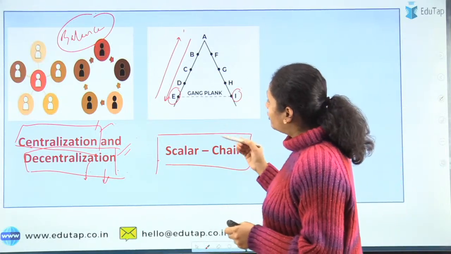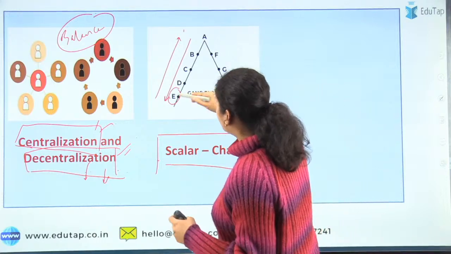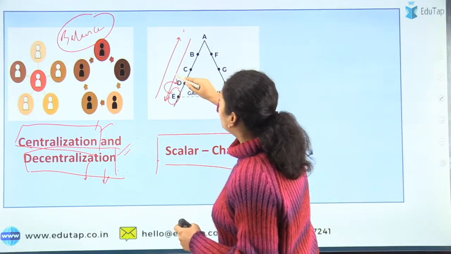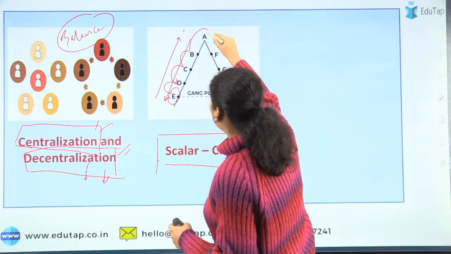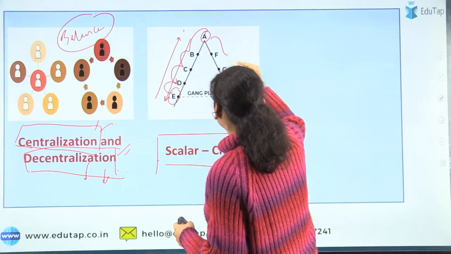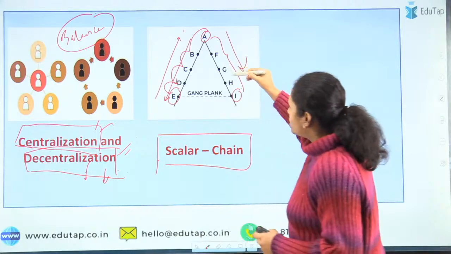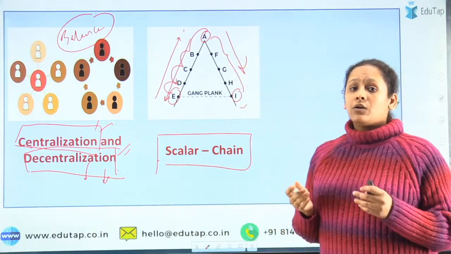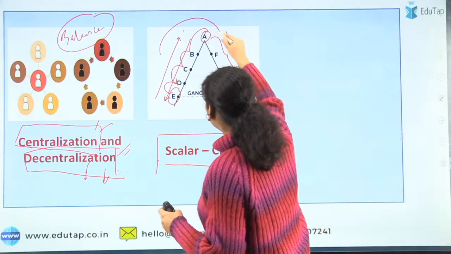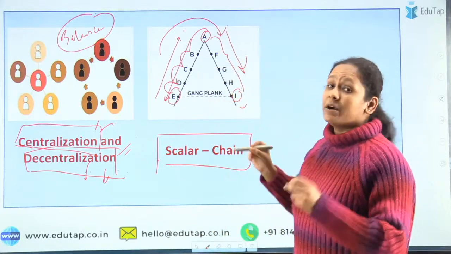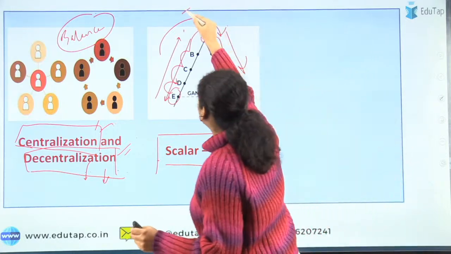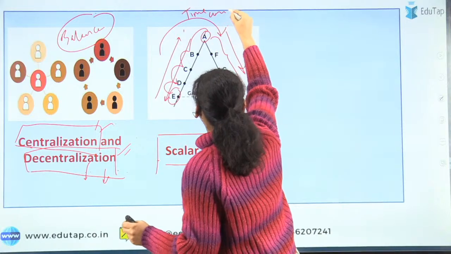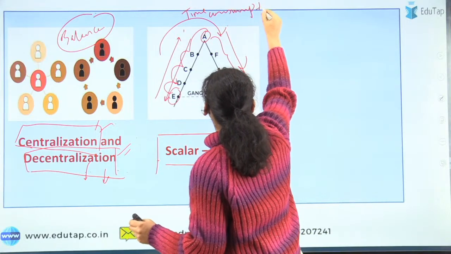So what would he do in general? He will communicate this information to D, from D to C, B, A, and again from A would pass this information to F, G, H, and then I. Now, in this case, the information is being forwarded to I, but what is happening? The time consumption is extremely high.